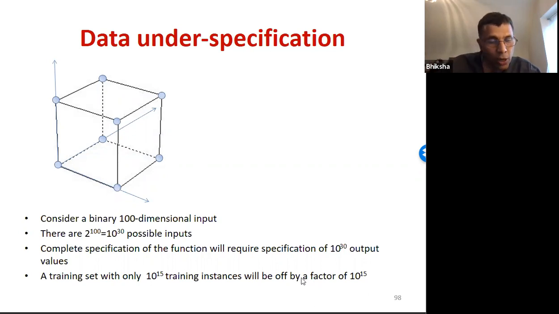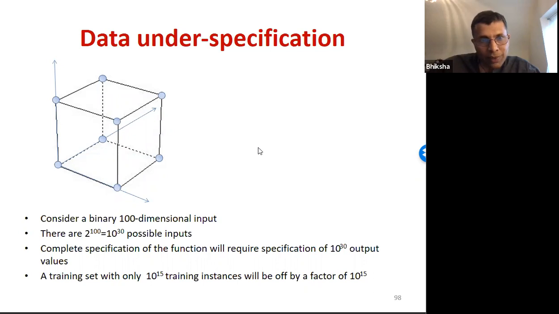And I said, just travel along the edges of the cube and report to me when you find a training instance. The universe will end before you find your first training instance. That's how far away you're going to be from the first training instance. That's how sparse your training data really are.